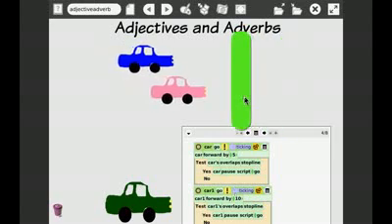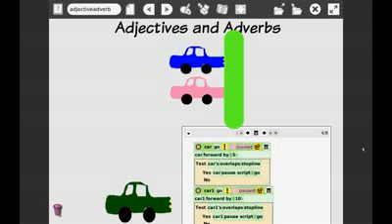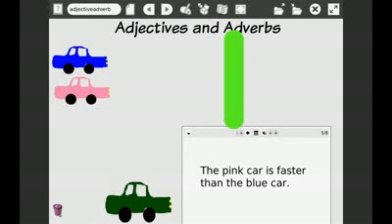Off it goes. We'll move that a little bit closer. And the pink car, though being handicapped by not having the head start of the blue car, still makes it to the finish line in ample time to win. So the pink car is faster than the blue car.